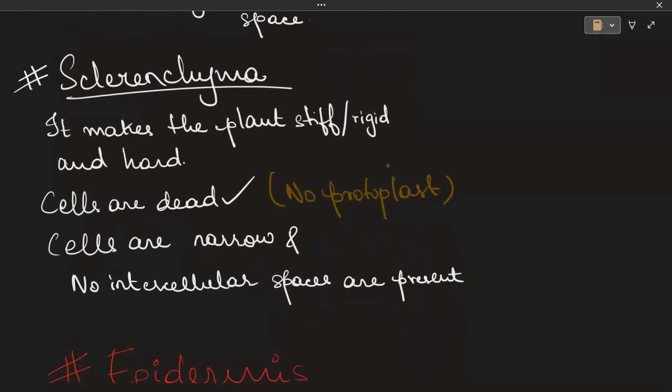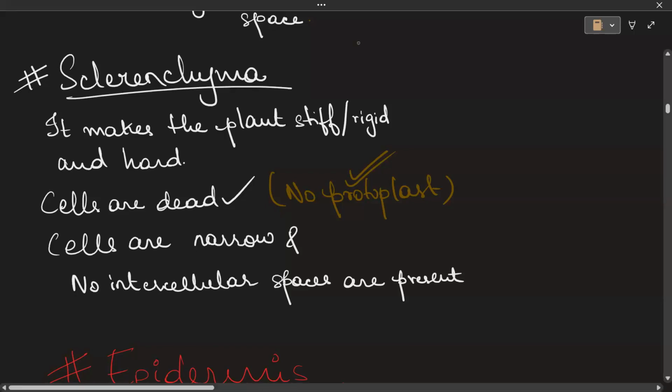The cells are dead, and by dead, I mean that there is no protoplast at all. The sclerenchyma makes the plant stiff or rigid, and hard. And here there are no intercellular spaces. Is it clear? Yes, ma'am.